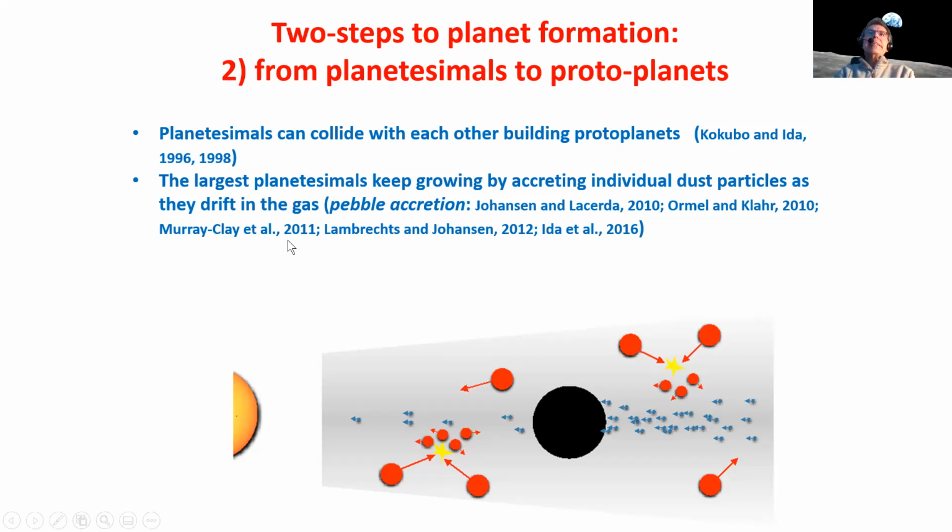The other idea is that the largest planetesimals, maybe those that started to grow by this process, at some point start to accrete individual dust particles as they drift in the disk due to gas drag. And then the planetesimals can capture a good fraction of these drifting grains and become bigger and bigger by accreting grains over grain. And this process is dubbed pebble accretion.